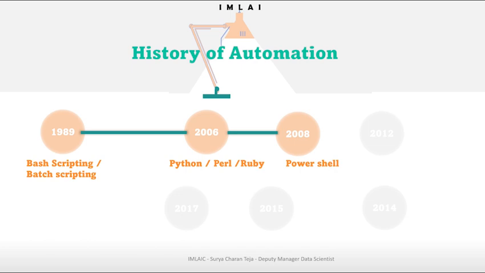And then after that, the time came for configuration management tools. It's a step by step evolution process. After that, the configuration management tools generation started. The first one that entered is Puppet.